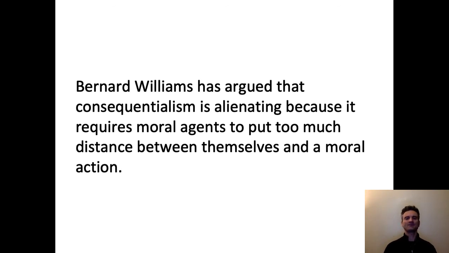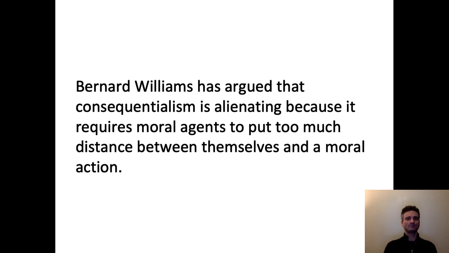For example, if I have to lie to a person because lying is the only action that will lead to the greatest good for the greatest number, utilitarianism says you ought to lie in this particular circumstance. But what if I feel uneasy? What if I feel bad about lying? Well, according to utilitarianism, I should not be squeamish about it, and I ought to do my duty and do what the calculus tells me to do.